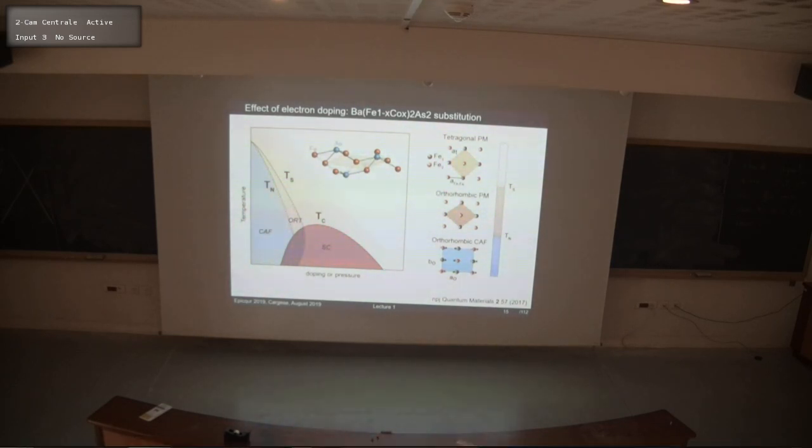Then, as we go through this transition, the system distorts, and it distorts along the iron-iron bonds, and it becomes orthorhombic. And afterwards, in this orthorhombic structure, there are some localized spins which order in a collinear fashion. So we have ferromagnetic chains ordered antiferromagnetically.